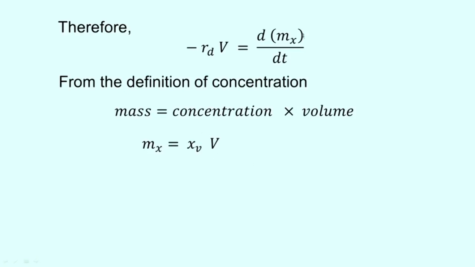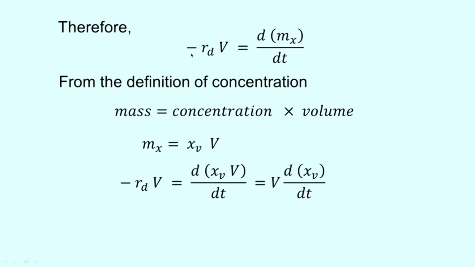If we use this to replace this m x, then we get minus R D into V equals d dt of x v into V, and in this case, since the volume of the broth, volume of the system, is a constant, we can take volume out of the derivative: V into d dt of x v.